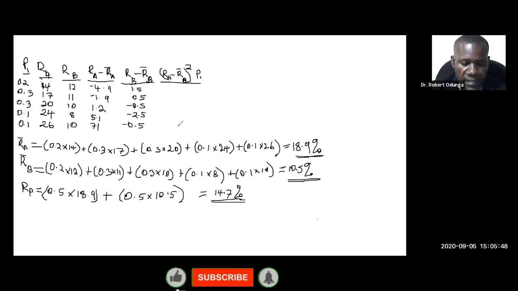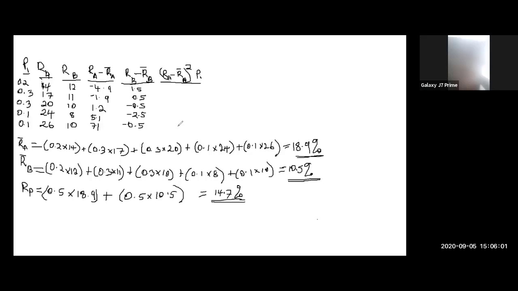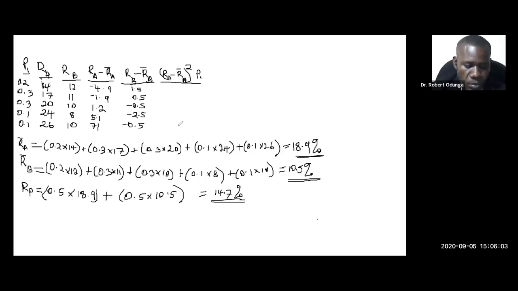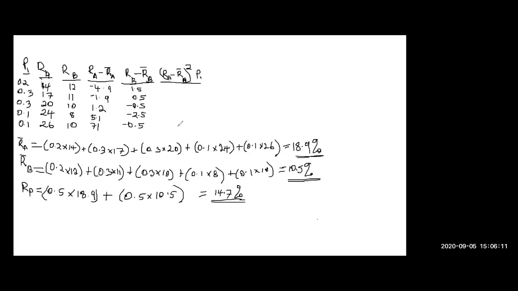You square that, and when you square a negative you get a positive. You multiply by 0.2. Is that 1.96?